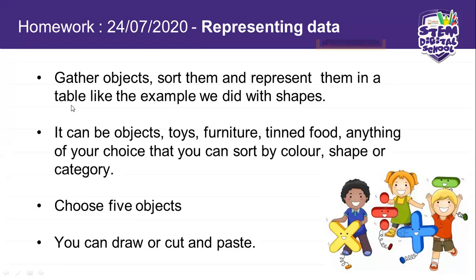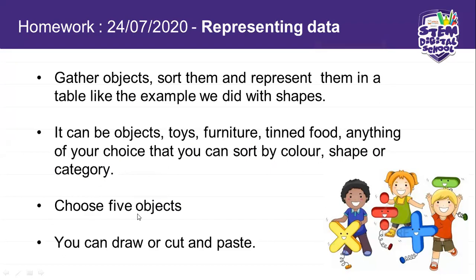The same way that we put those shapes up there in a table, this is how I want you to do it. So it can be any object, it can be toys, it can be furniture, it can be tin food, or anything of your choice, which you can sort by color or by shape or even by category. For example, if it is furniture or stationery, it's just up to you.